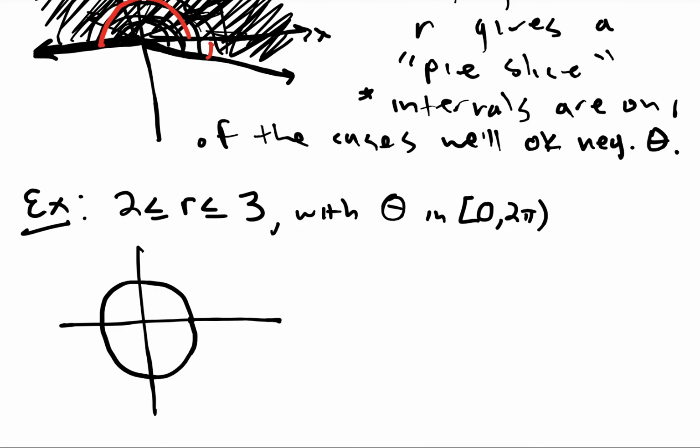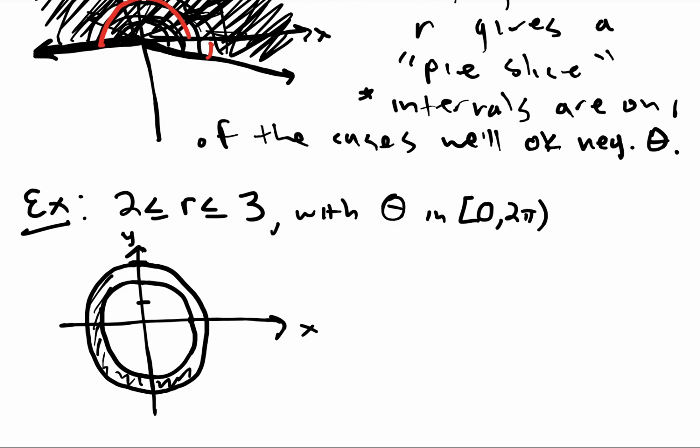But you notice that I'm restricting where my r can go. If r is stuck between 2 and 3, and r is my distance from the origin, this says that everything I can do has to be at least 2 units away from the origin, and it has to be less than 3 units away from the origin. So what I've actually done here is I've created an annulus.